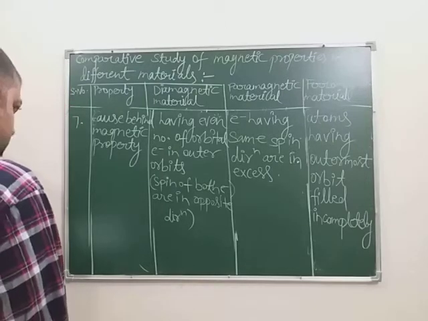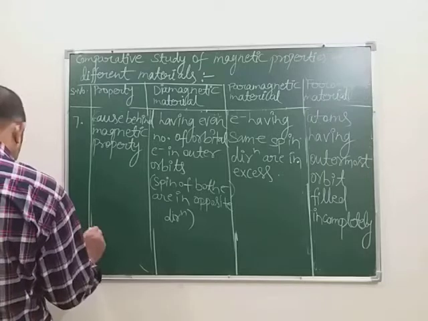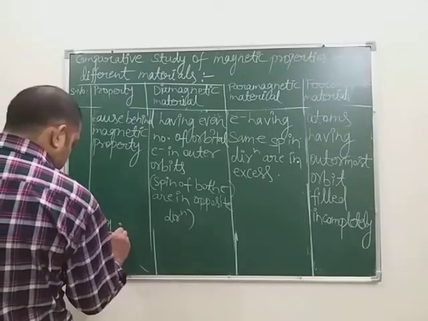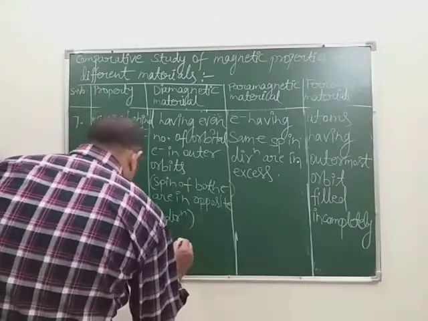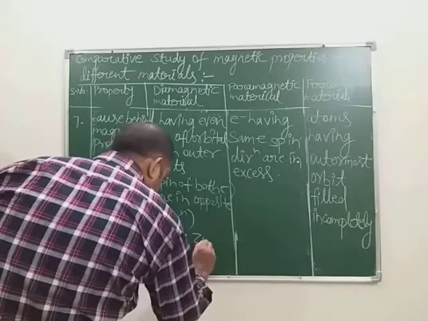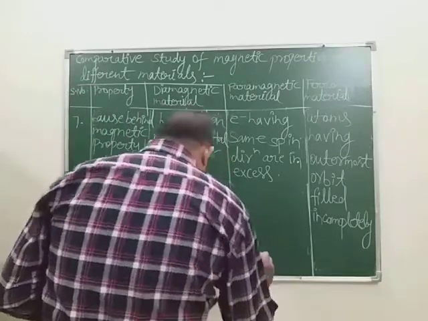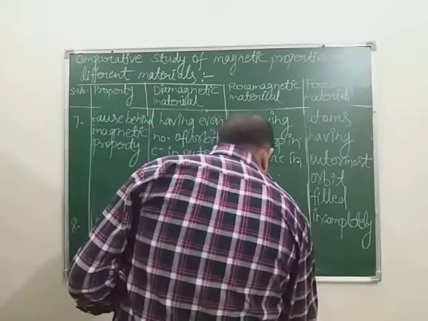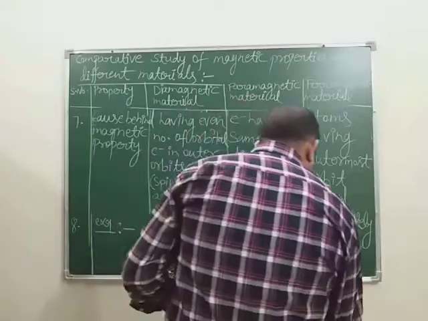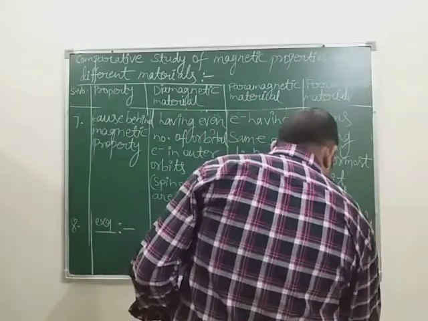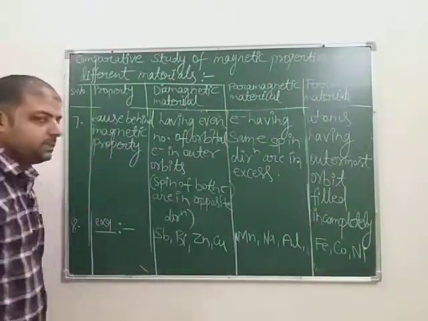Write down. Then in the last we will write examples. For diamagnetic materials: antimony, bismuth, zinc, copper, etc. For paramagnetic: manganese, sodium, aluminium, etc. For ferromagnetic: Fe, iron, cobalt, nickel, etc. These are the examples of these substances.